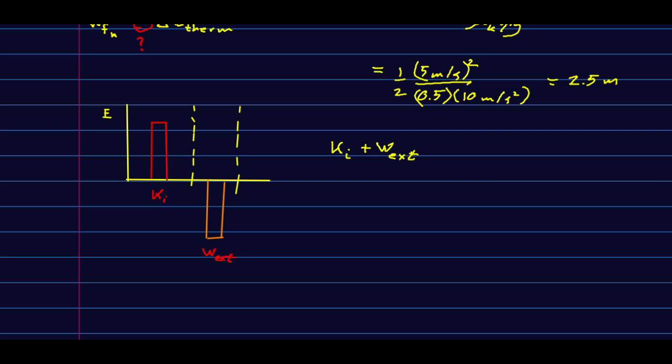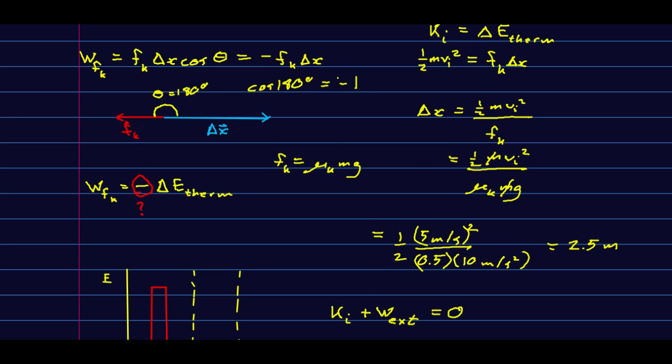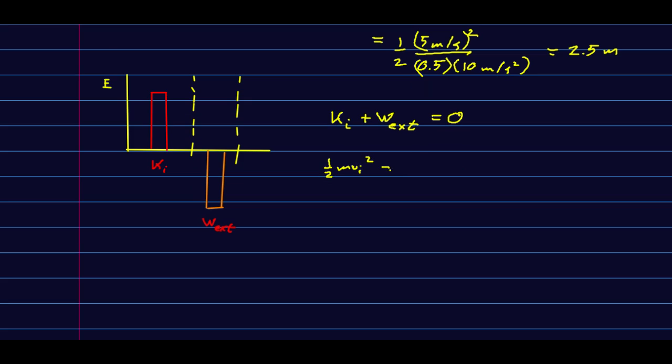So in other words, energy is being exchanged with the environment. So overall, this is talking about how the energy is conserved. It just isn't conserved in our system. And so that's a half m v_i squared, and the work done by the friction, which is negative F_k delta x. Negative F_k delta x equals 0.